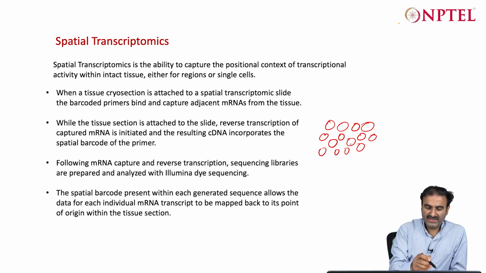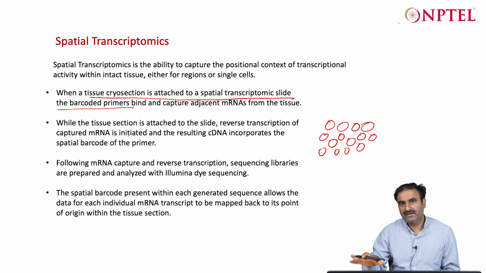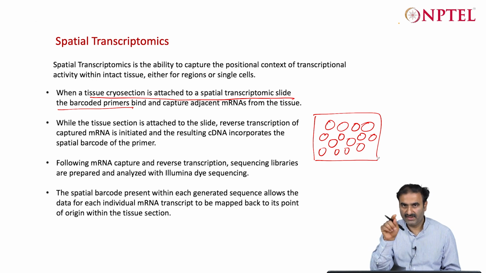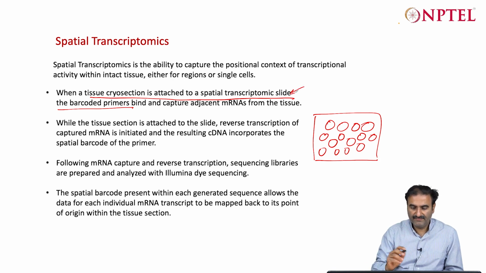For this, a tissue cryosection is attached to a spatial transcriptomic slide with barcoded primers, in the same context as single cell genomics. You can overlap that. First of all you have the picture of this organization of cells, and on top of those cells you can overlap your transcriptomic slide that contains the barcoded primers.